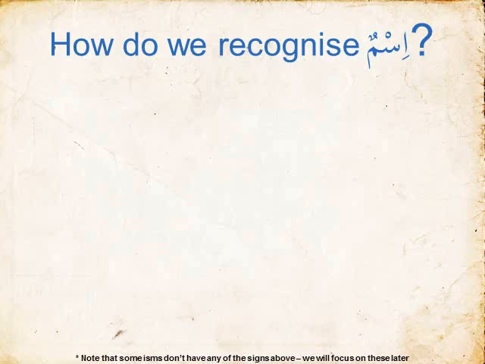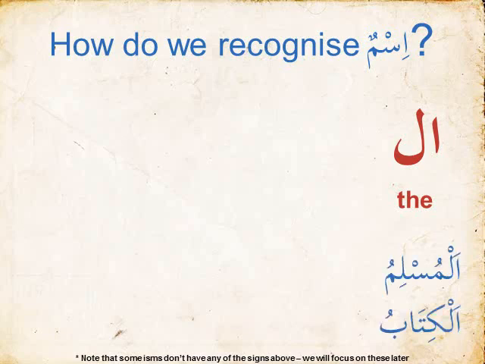For example, the word al, alif lam. The word al at the beginning of a word means the. So if a word has al, this is a sign that it is ismun. For example, al-muslimu, the Muslim, al-kitabu, the book. If a word begins with al, then 99.9% of the time it will be ismun.